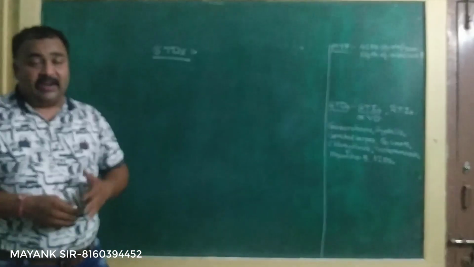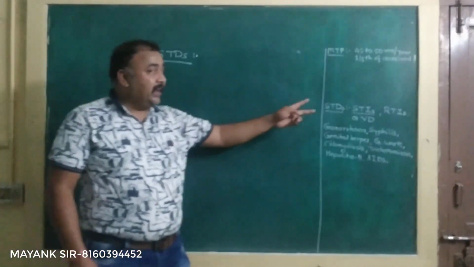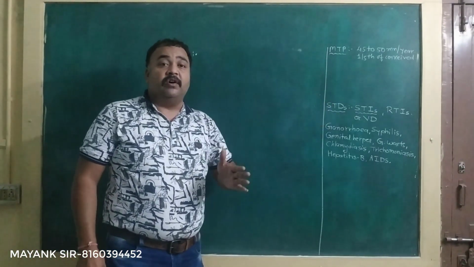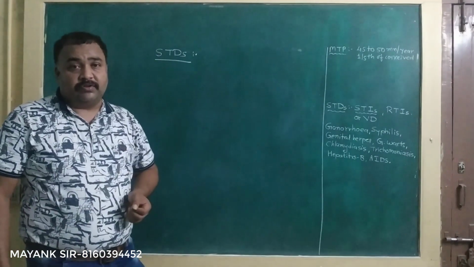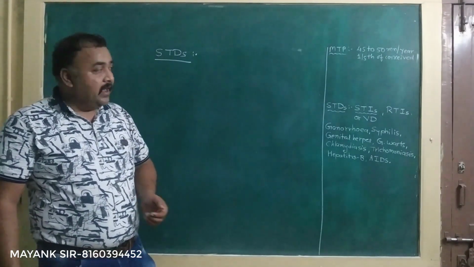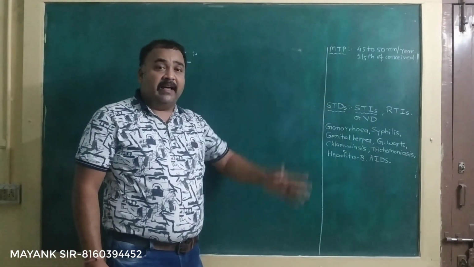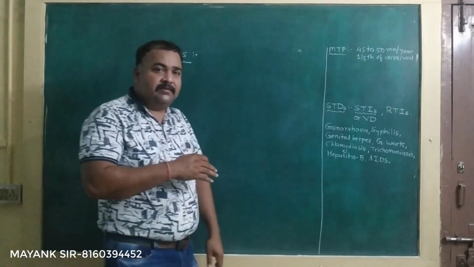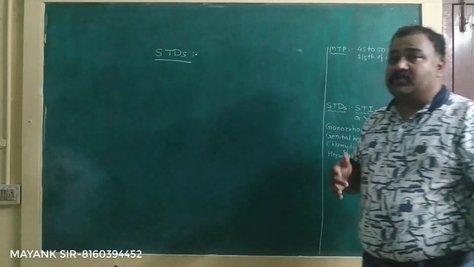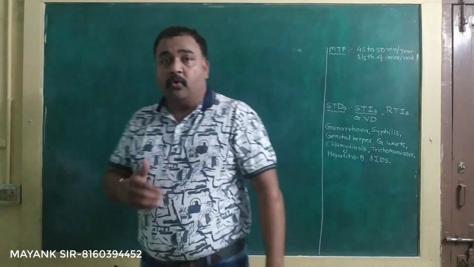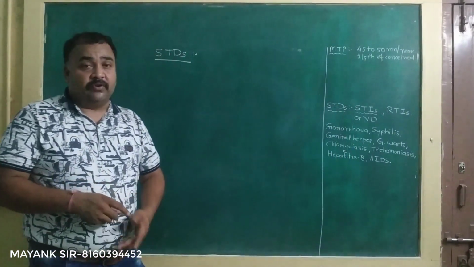So these are infectious diseases which can be spread through coitus or sexual intercourse. Different kinds of such diseases are there, but some of them we are very much aware of, or we have heard their names.